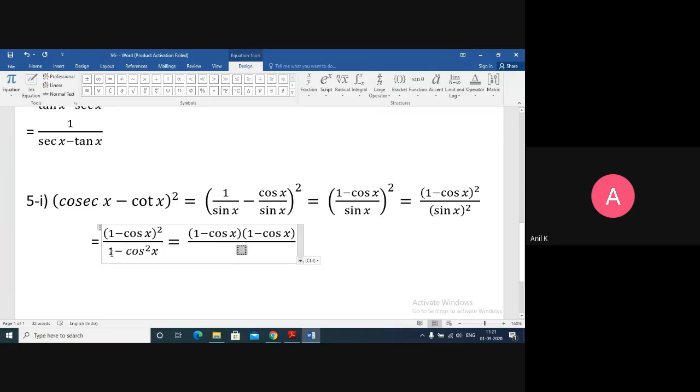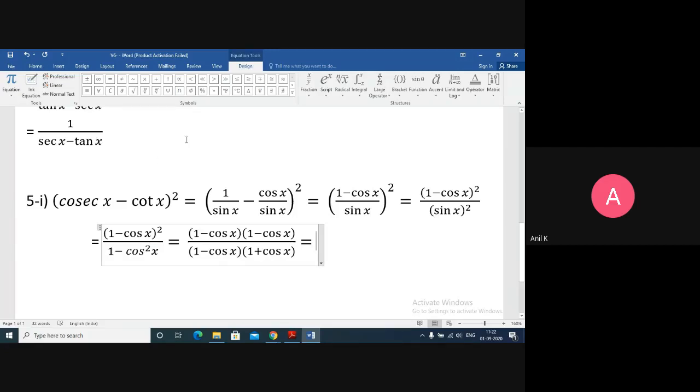And the denominator is a square minus b square: 1 you can write as 1 square, minus cos square x. The a square minus b square formula is (a minus b) into (a plus b). Agree, everyone?